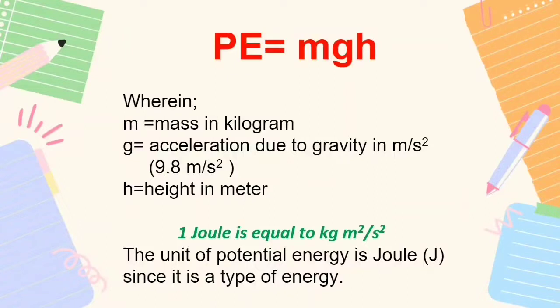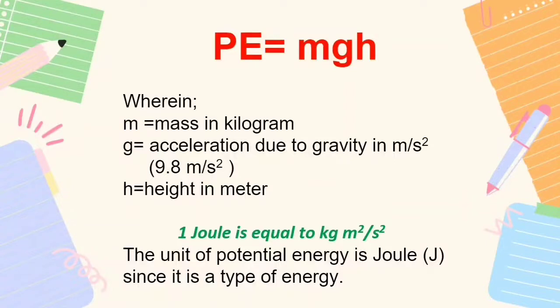Remember, 1 joule is 1 kilogram meter squared per second squared. The unit of potential energy is joule, with the symbol J, since it is a type of energy.